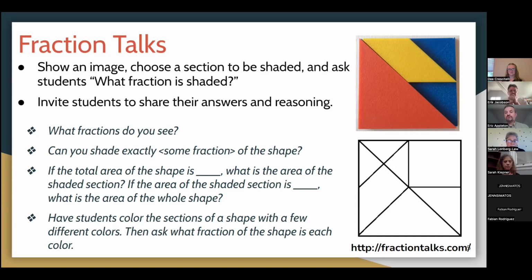So with a small investment in finding an image, and it can be a very small investment because there's a resource at the bottom right of the slide, which is fractiontalks.com, where there are many images already prepared for you, and all you have to do is pick one.